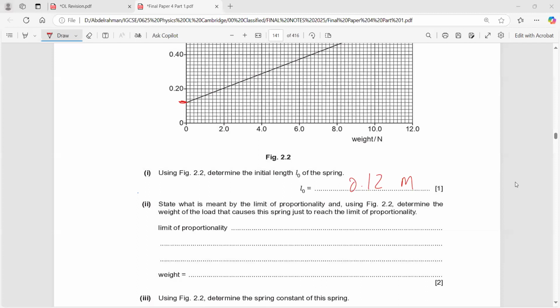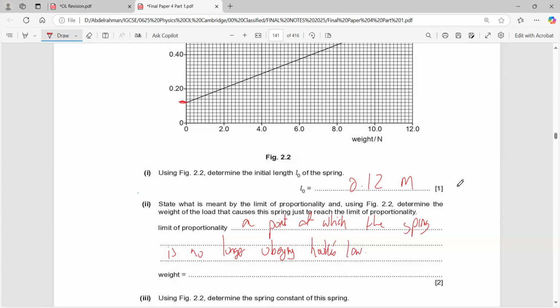Yes, that is correct. The point at which the spring is no longer obeying Hooke's law. Good.